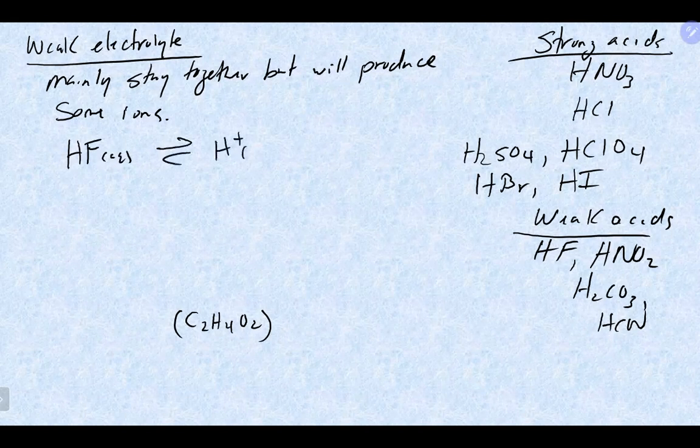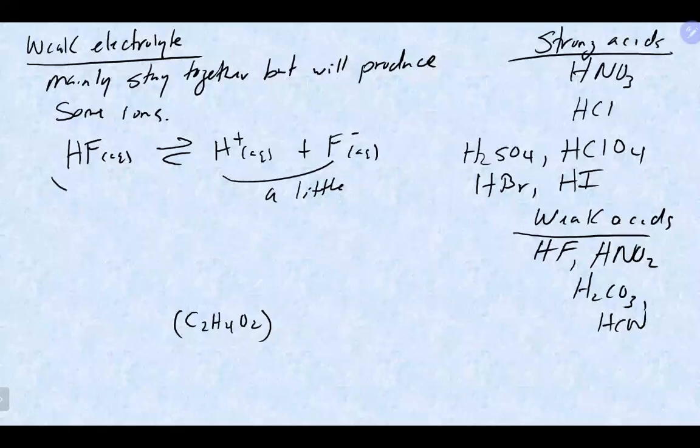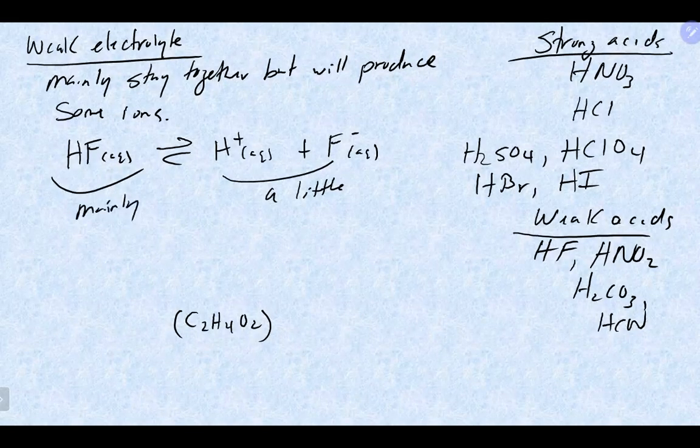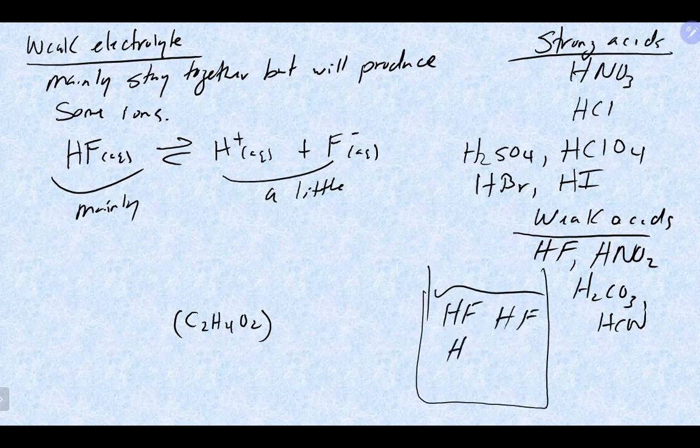It will break apart a little bit into H plus and F minus. So you'll produce a little of these guys, but it will mainly stay together. And basically, if you drew a picture of what's going on with that in solution, you mainly have this guy all together, but you'll have a little bit of the ions basically breaking apart.